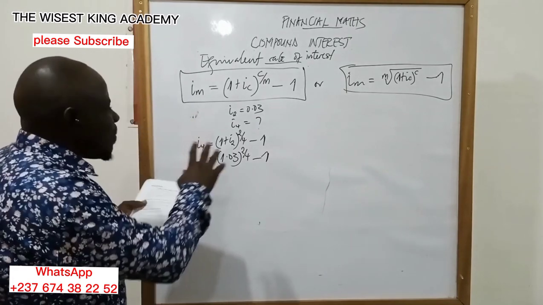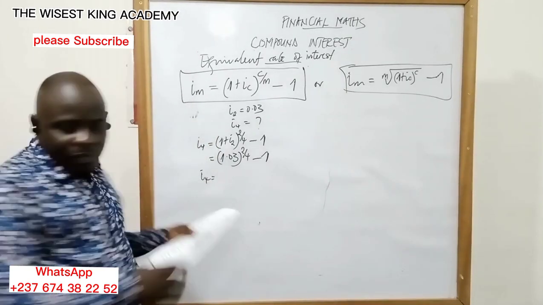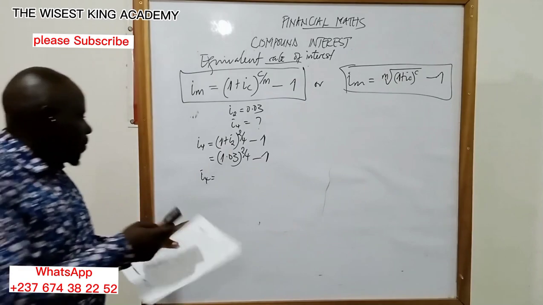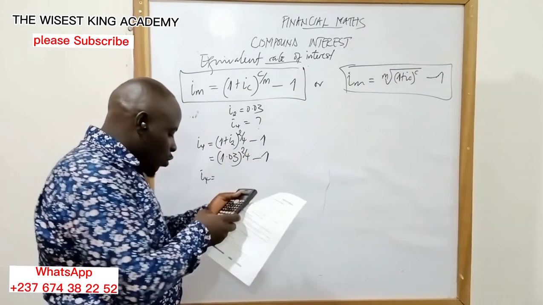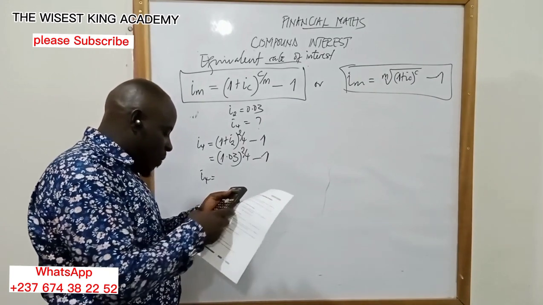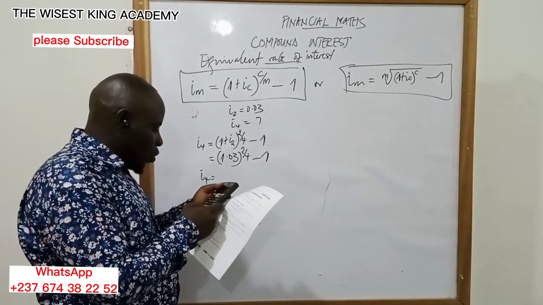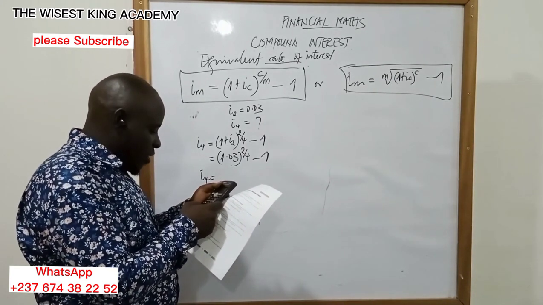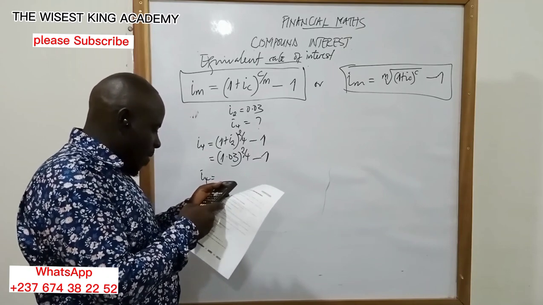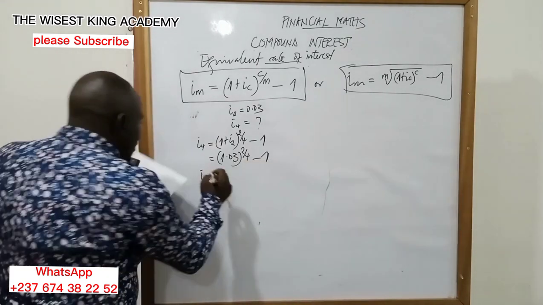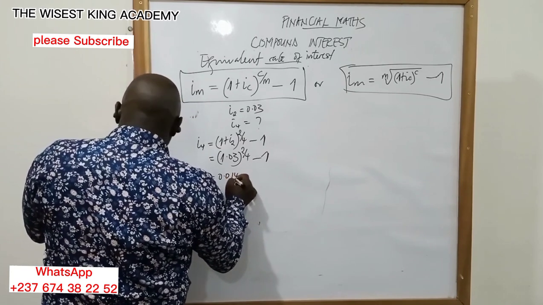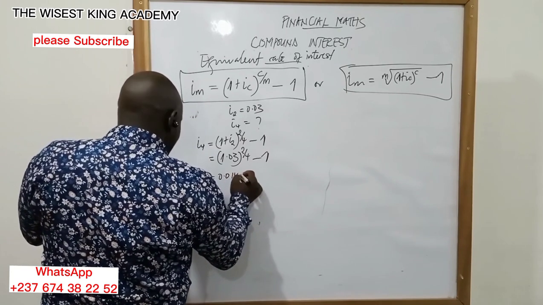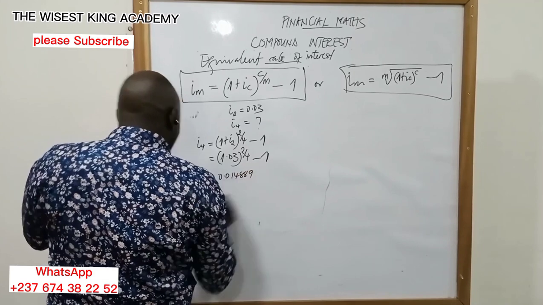Let's calculate. 2 divided by 4 is 0.5. So 1.03 raised to the power 0.5, minus 1, is 0.014889.